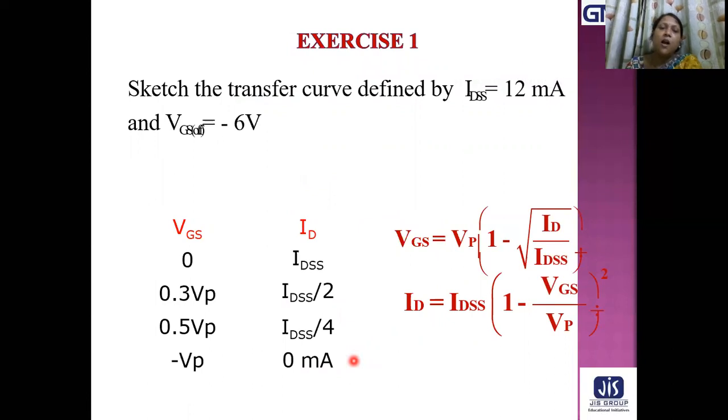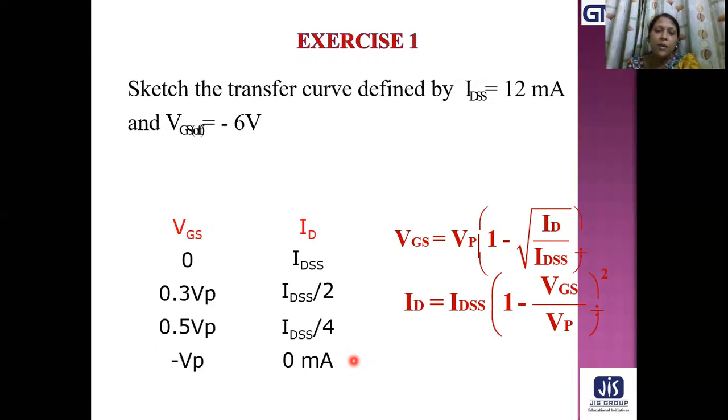This is how to draw the transfer characteristics curve. When IDSS is 12 milliampere, VP equals minus 6. When VGS is 0, then ID equals IDSS. When VGS is minus 0.3 VP, then ID equals IDSS by 2. Put all these values in Shockley's equation, you will get the answer. When VGS equals minus 0.5 VP, then ID equals IDSS by 4.